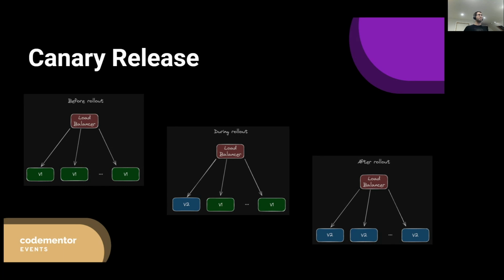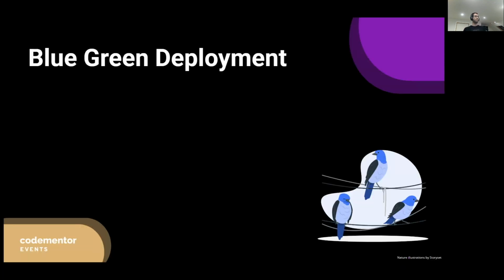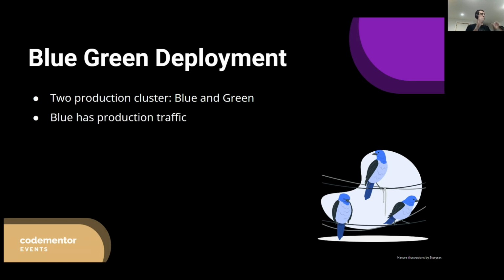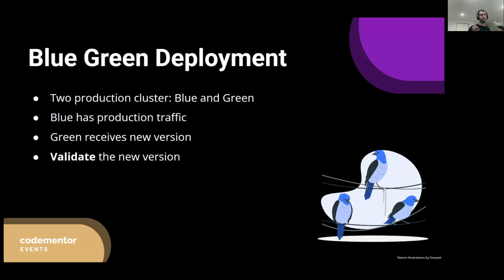Another one that's usually discussed in parallel with this one is blue-green deployment. So what's blue-green deployment? Basically, we have two production clusters, blue and green. Blue is the one considered to have production traffic, and green is the one that will be receiving the new version. What we do is deploy the new version in the green one, and we validate the version.